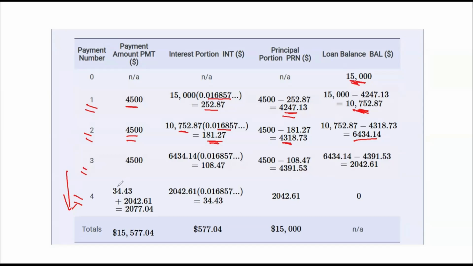Notice here what is happening. You notice the amount, remember we talked about this, but this last amount might not be 4,500 because you have been paying a certain amount and because of the arithmetic, this is all that you owe them.